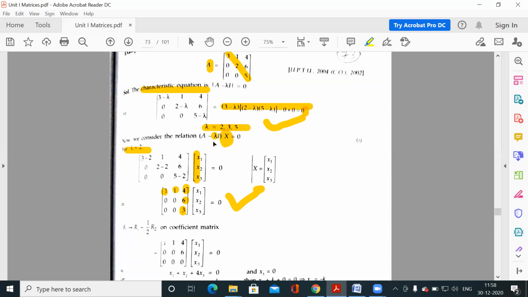A homogeneous system has a non-trivial solution when the rank of this matrix is less than n, where n is the order of the matrix. This is a 3 by 3 matrix, so whenever its rank is less than 3, only then does the system have a non-trivial solution.